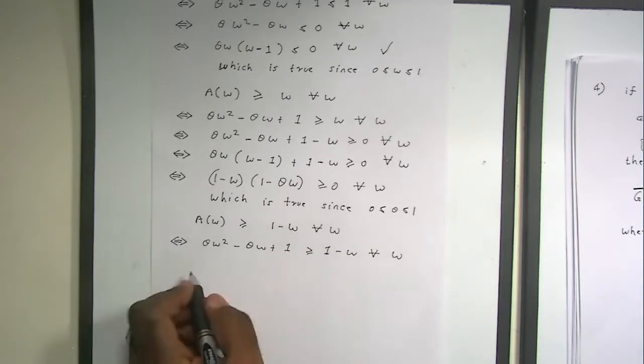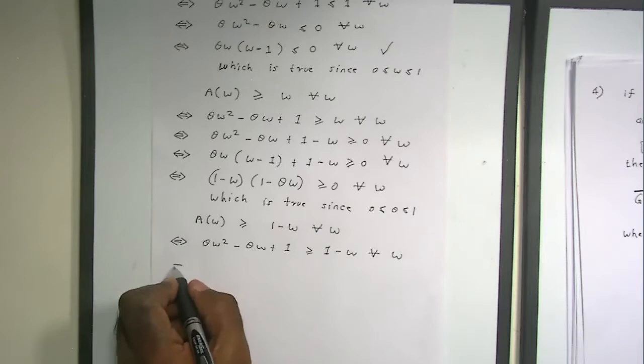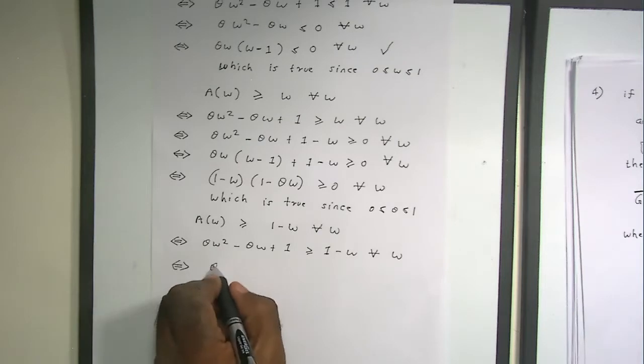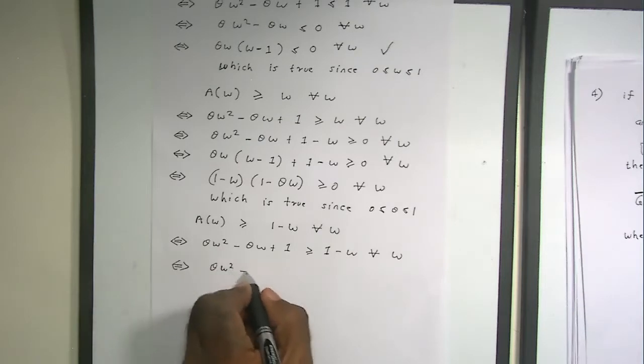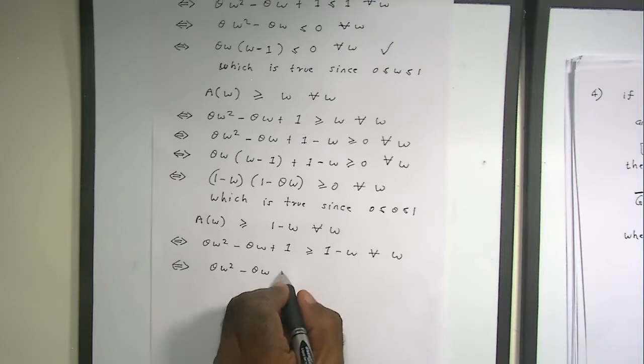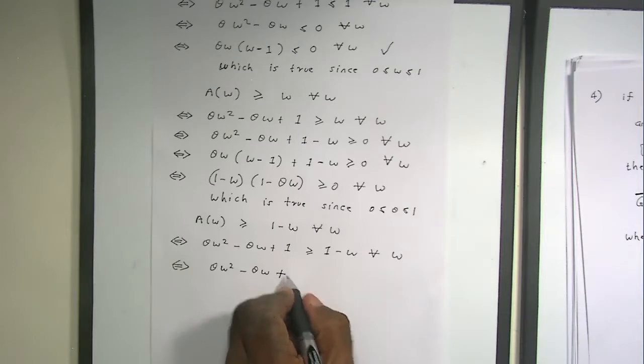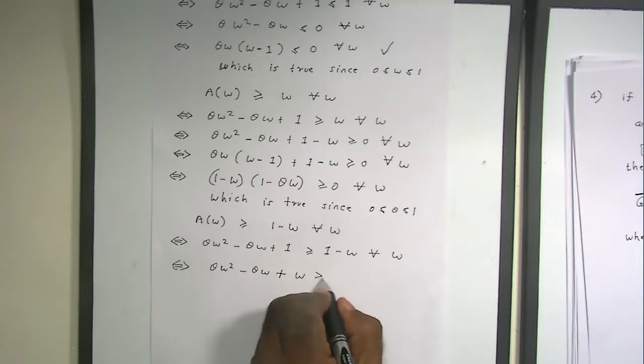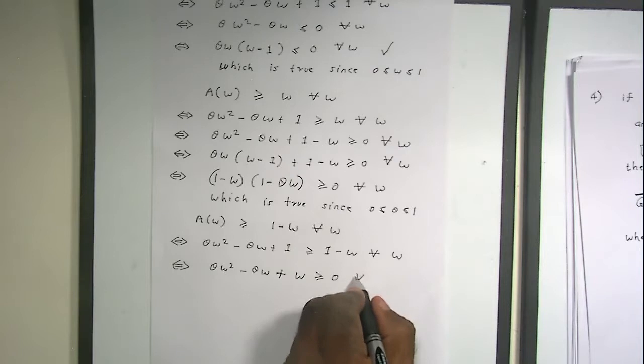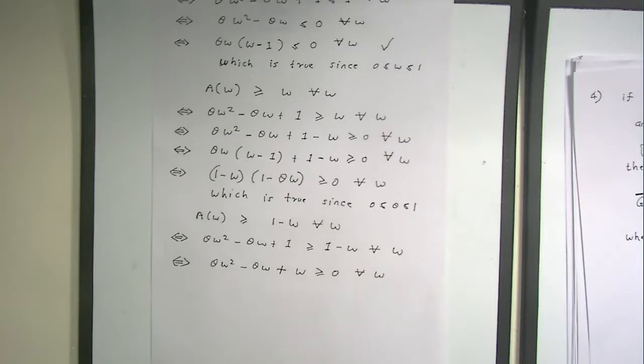So the 1 and the 1 cancel, so this will be theta omega squared minus theta omega plus omega greater than or equal to 0 for all omega.